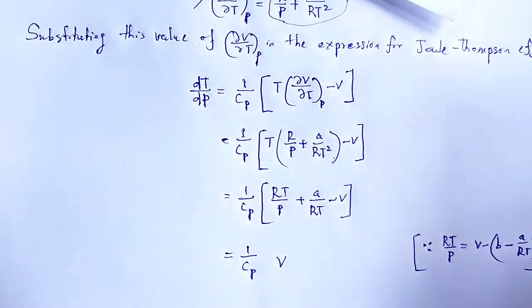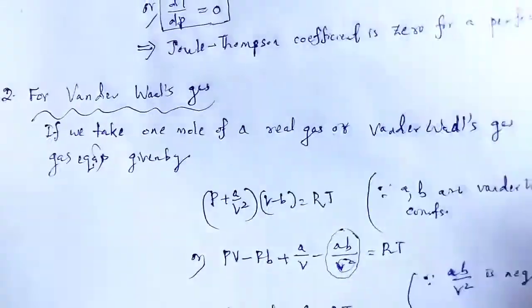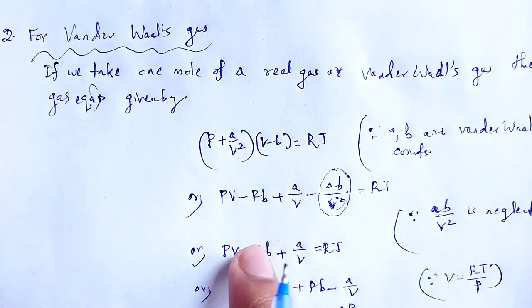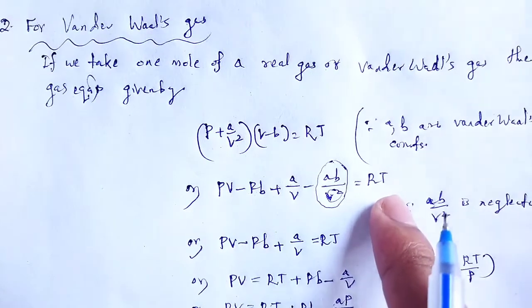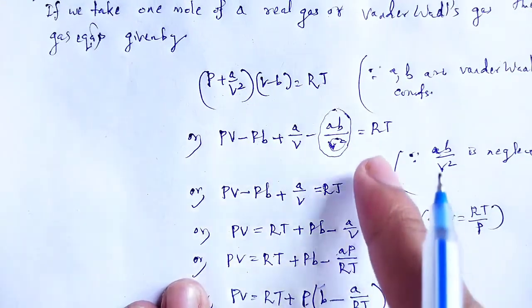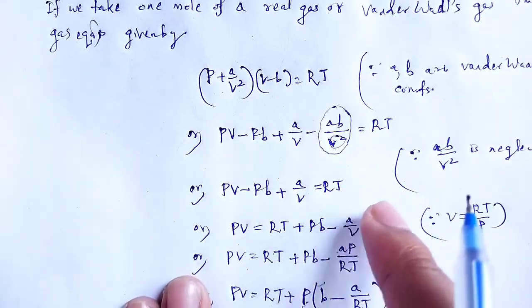From Van der Waals gas equation, look here, this is the Van der Waals gas equation. We can get the value of RT by P from this Van der Waals gas equation.